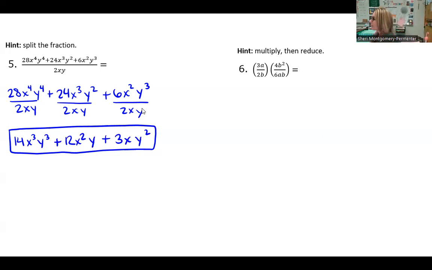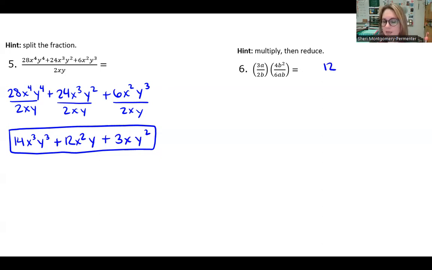The next problem, we are multiplying. And so when you multiply fractions, you multiply straight across. So we're going to multiply the top, and then we're going to multiply the bottom, and then we're going to reduce. So multiplying straight across the top, you can multiply the numbers with the numbers. So 3 times 4 is 12.